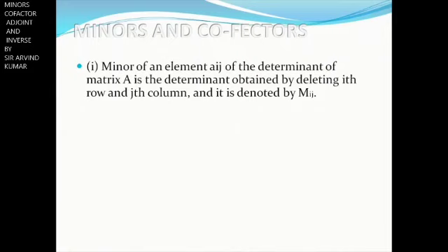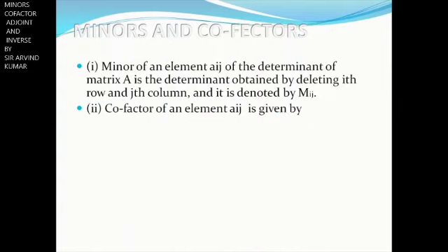If we delete one row and one column, the rest of the part will be a 2 by 2. When we find its determinant, it is denoted by Mij. That is, a smaller part of a matrix is the minor of that matrix.